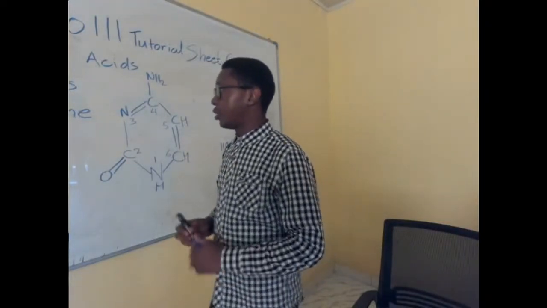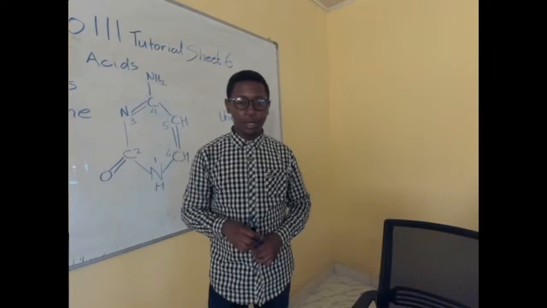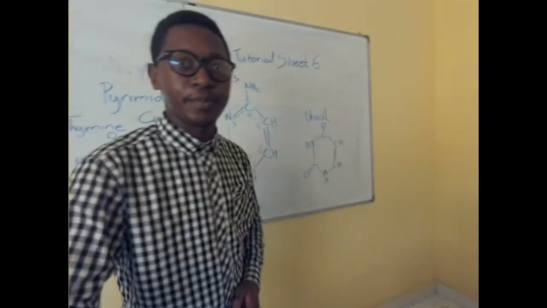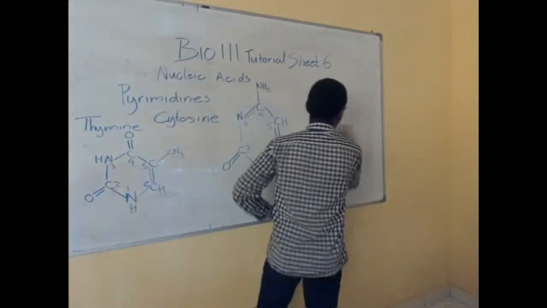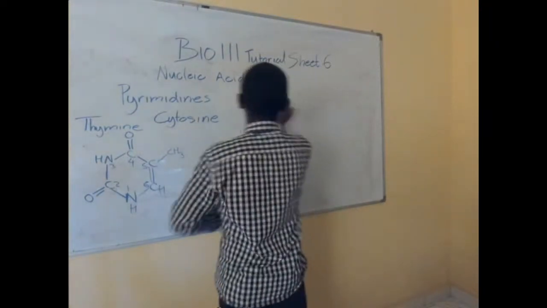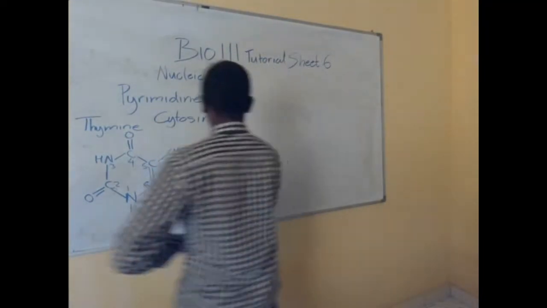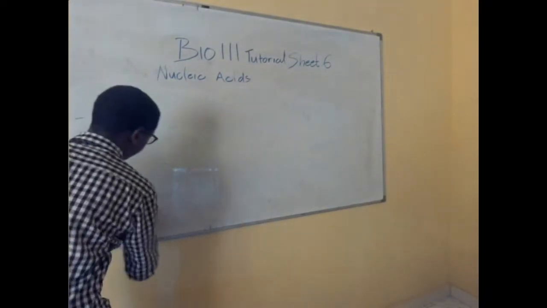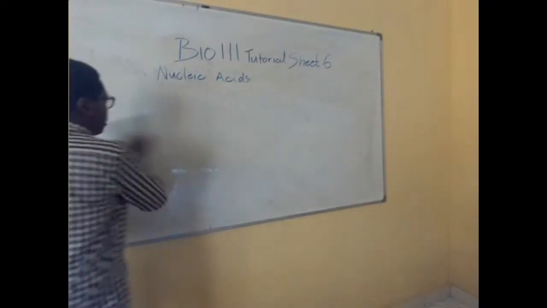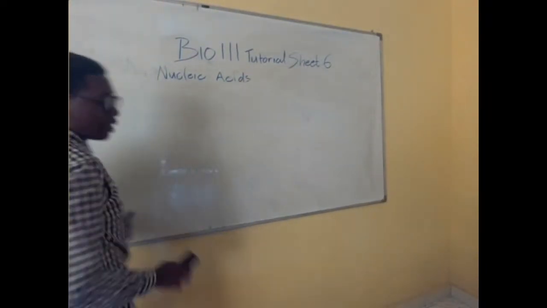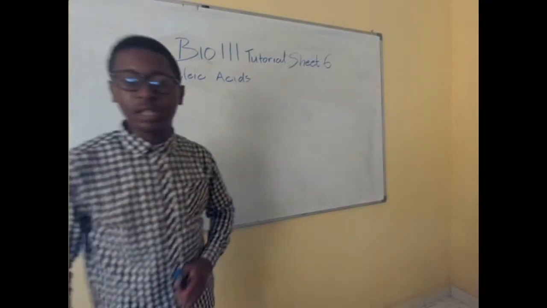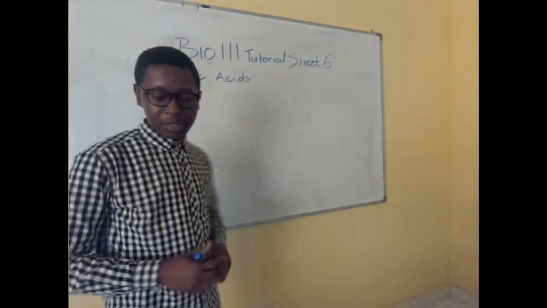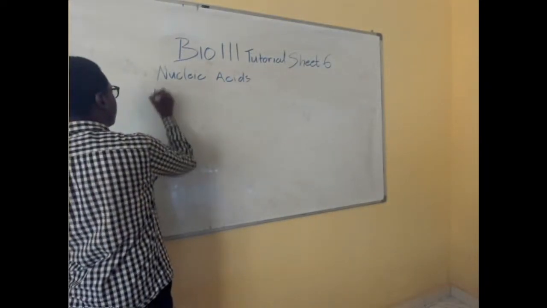Yes, so now we will go to the purines. So we've seen that there are 3 different pyrimidines that are found in nucleic acids, but for purines we only have 2.